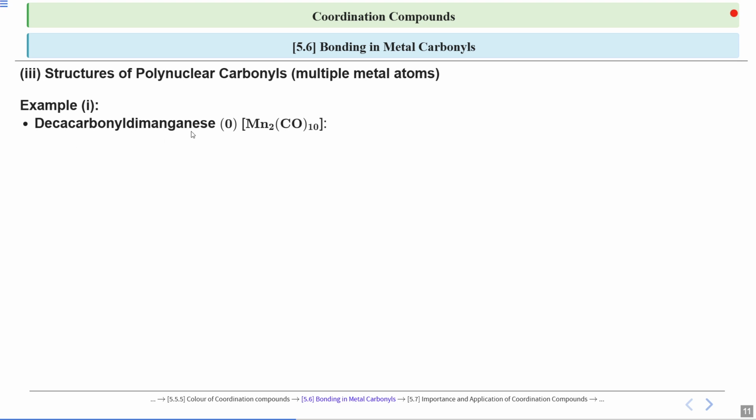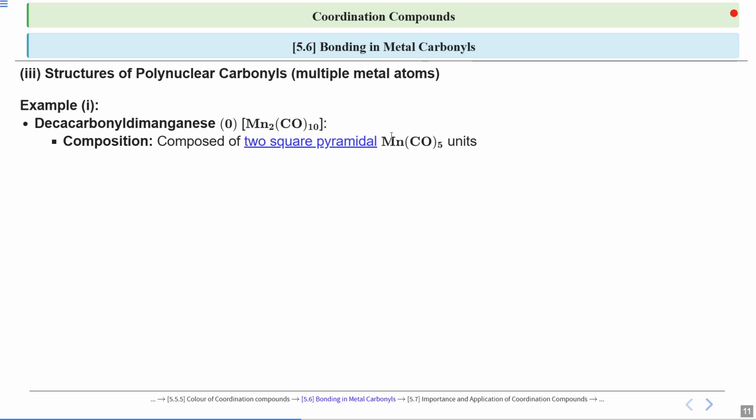Decacarbonyl dimanganese 0. Deca means 10, so there are 10 carbonyls, and dimanganese means 2 manganese atoms having 0 oxidation state. The formula will be Mn2(CO)10. If you talk about the composition, it will be composed of 2 square pyramidal Mn(CO)5 units.